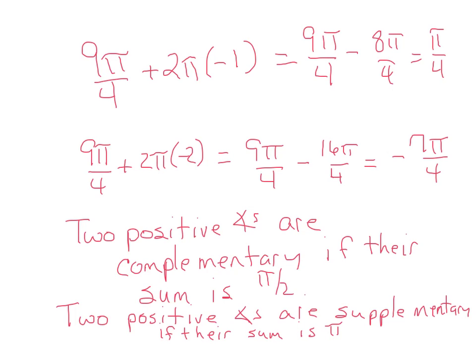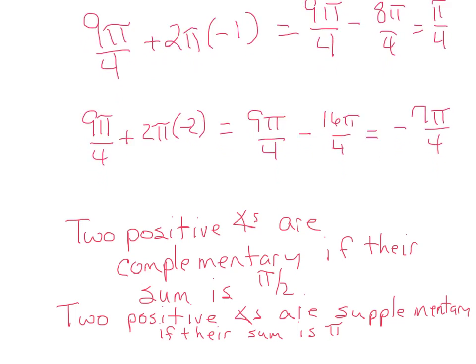Okay, I heard something recently, because people have a hard time remembering which one's complementary and which one's supplementary. Pi over 2 comes before pi, doesn't it? C comes before S. That's just a simple thing, but if you have a hard time remembering, C comes before S, pi over 2 comes before pi. Just make it an easy way to determine which one is which.